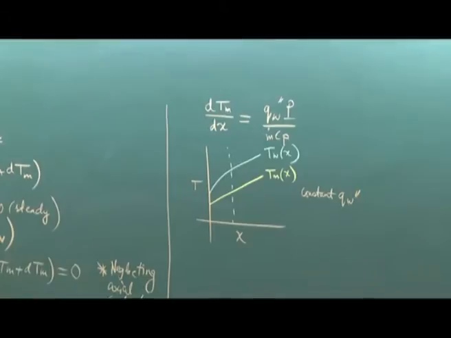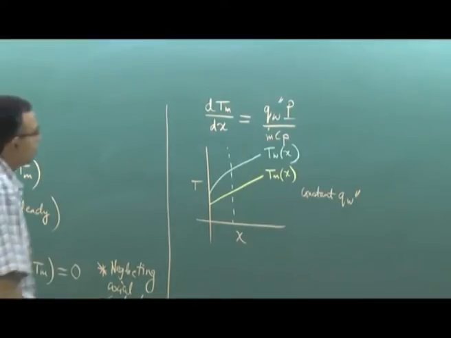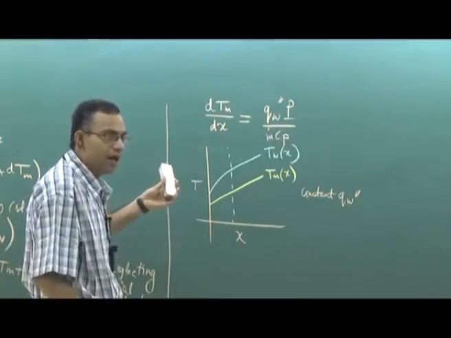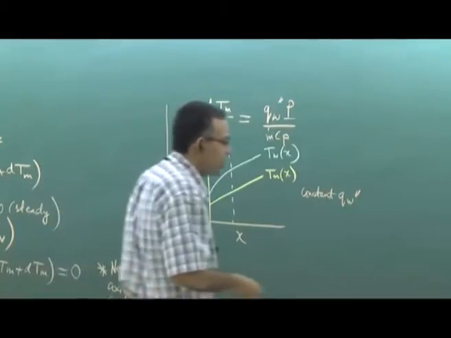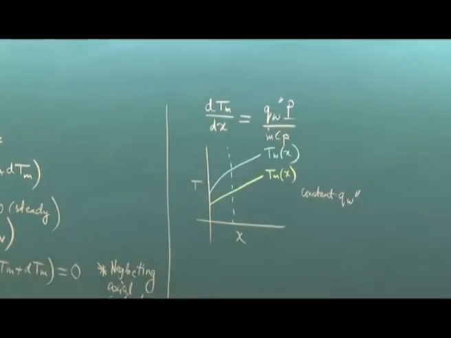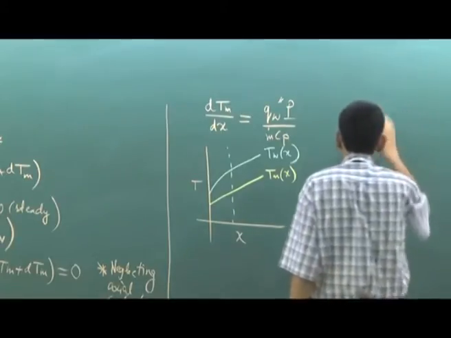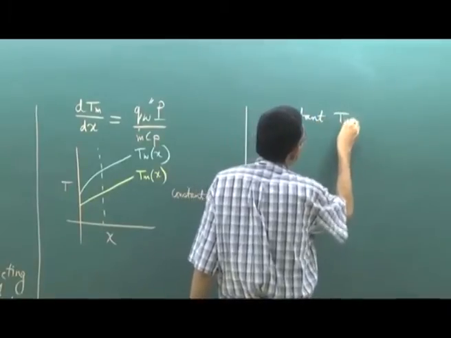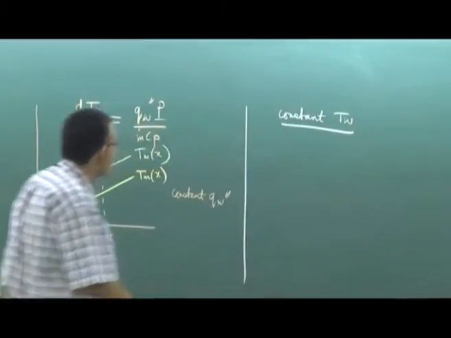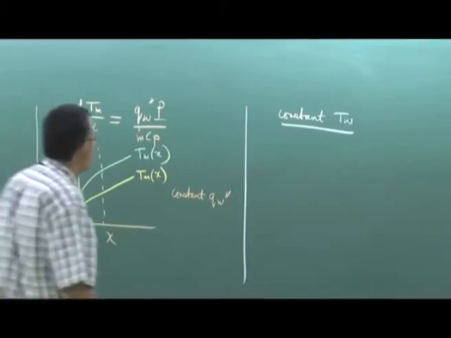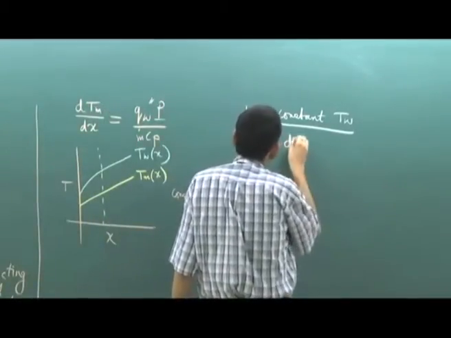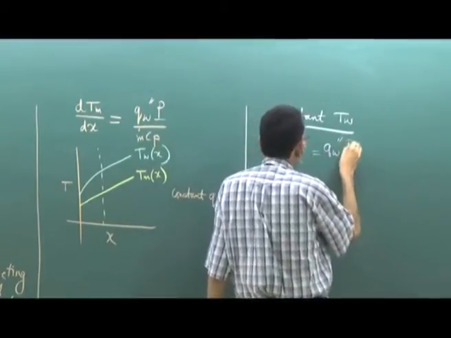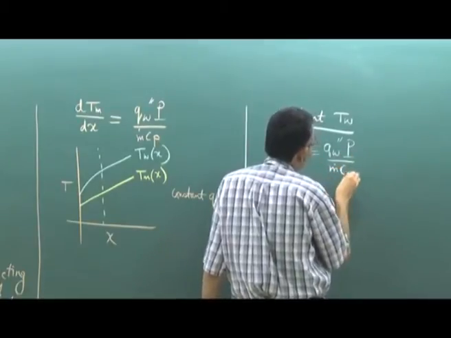Let us study the qualitative behavior of constant wall temperature. Maybe first we study it quantitatively and then we show it in a plot. So the case of constant wall temperature. So dTm/dx is equal to q double prime P by m dot Cp.